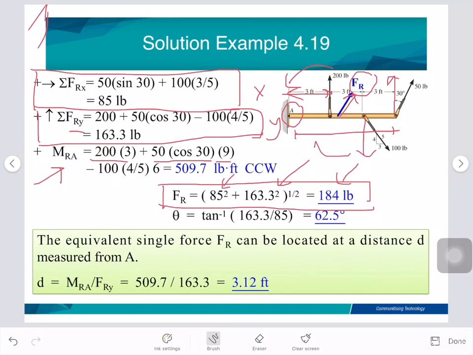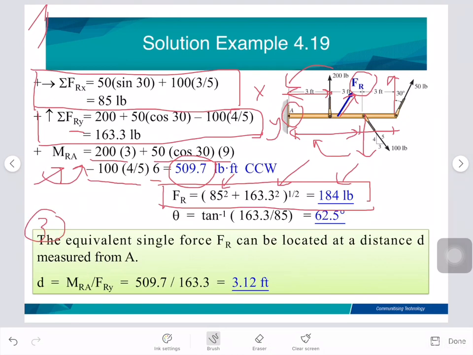So this one goes there, becomes negative 100 times 4 over 5 times 6. 6 is this distance. So the final answer is 509.7 pound-feet counterclockwise, because we assume that the moment at point A is counterclockwise.